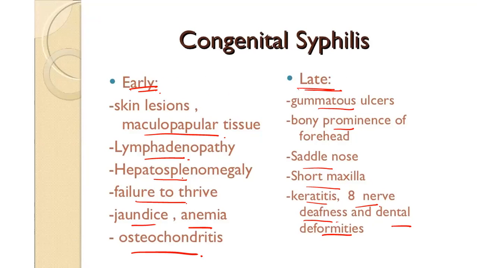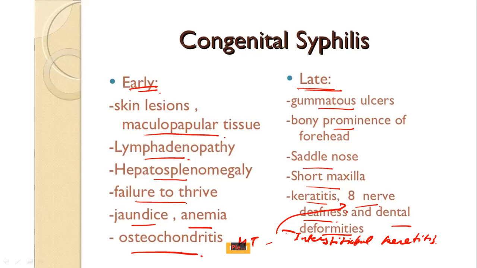But in case of dental deformities, there is Hutchinson's triad. In Hutchinson's triad, there is eighth nerve deafness, right? And interstitial keratitis, that means inflammation of the eye.